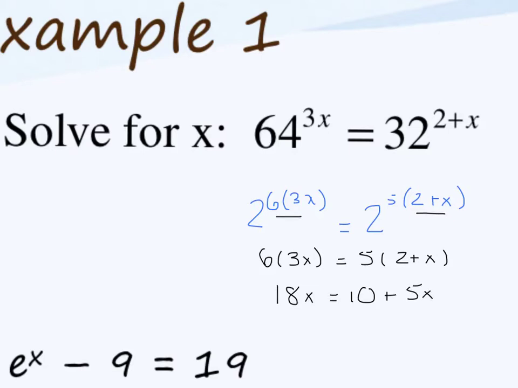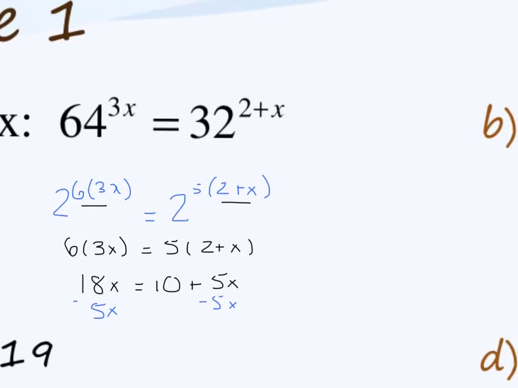I want to subtract 5x on both sides, and we end up with 13x equals 10. Divide by 13 on both sides. x equals 10 over 13.